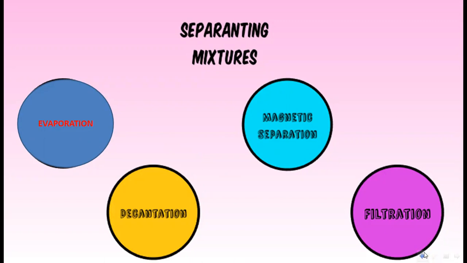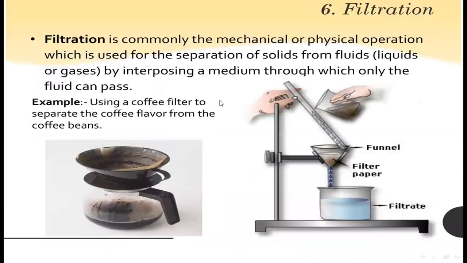First of all, take a quick review of filtration and decantation. Filtration is commonly the mechanical or physical operation which is used for the separation of solid from liquid. Here you see using a coffee filter to separate the coffee flavor from the coffee beans.